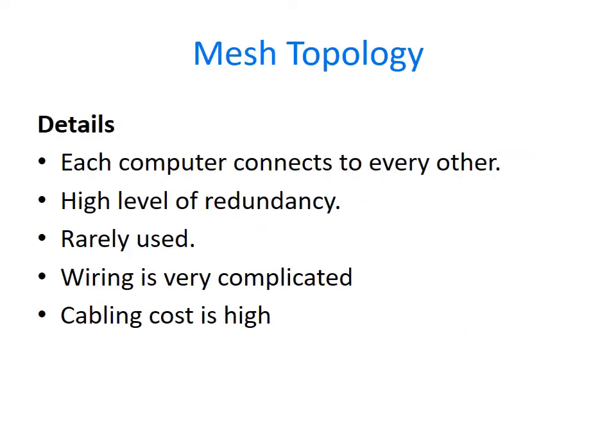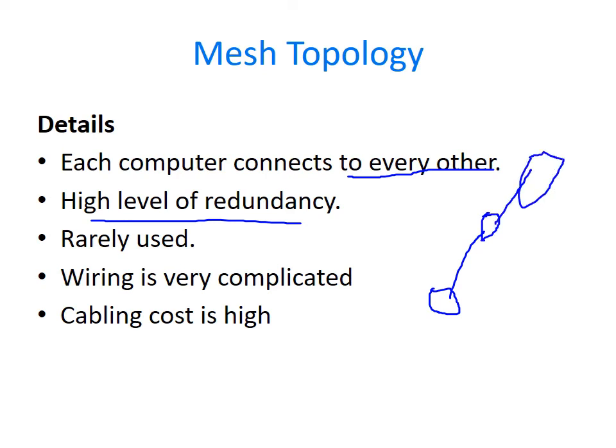Let's move on to mesh topology. In mesh topology, you have, in detail, each computer connected to every other computer. The challenge that we have in this is a high level of redundancy, because if one computer is connected to another computer, and then you have this computer connected to this one, another through another network, through another network.